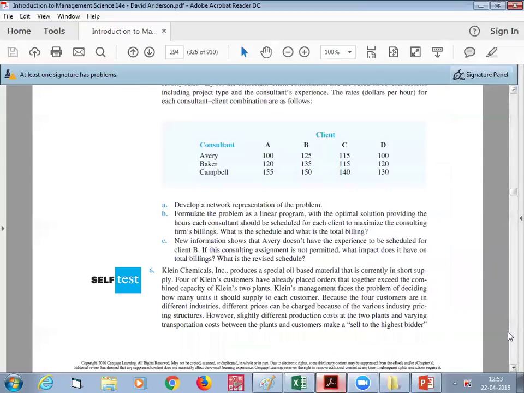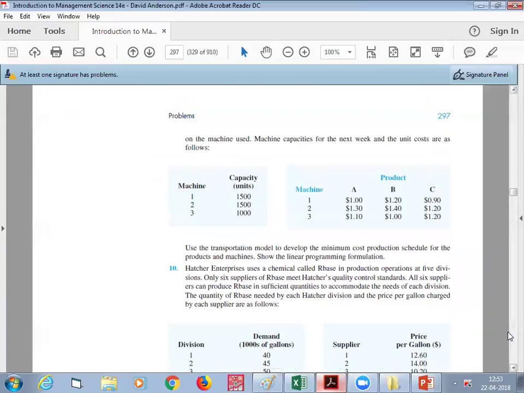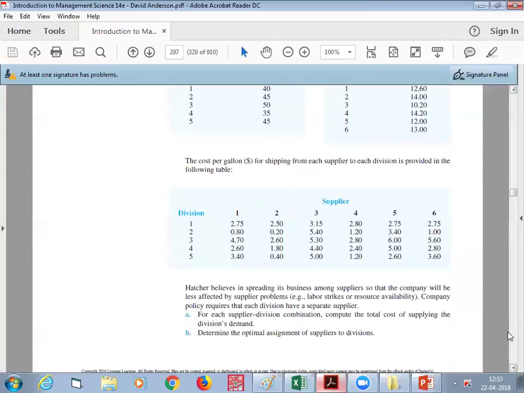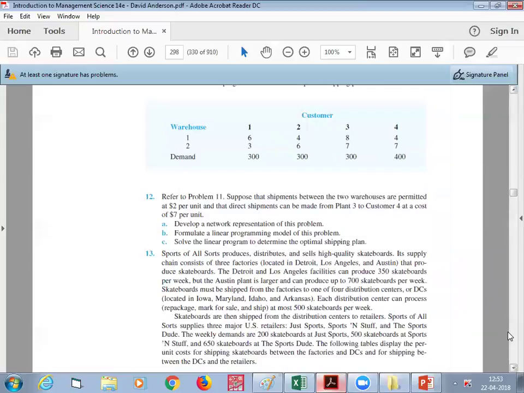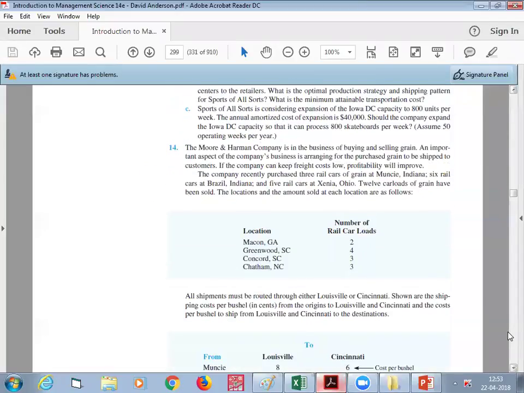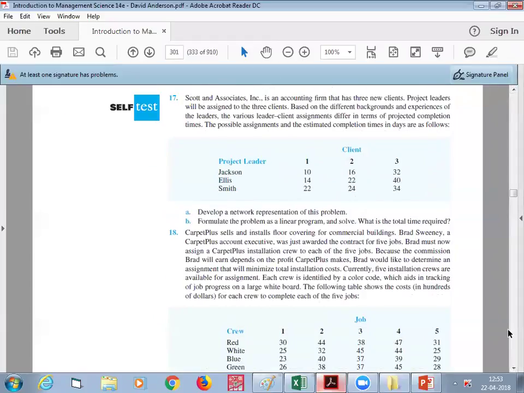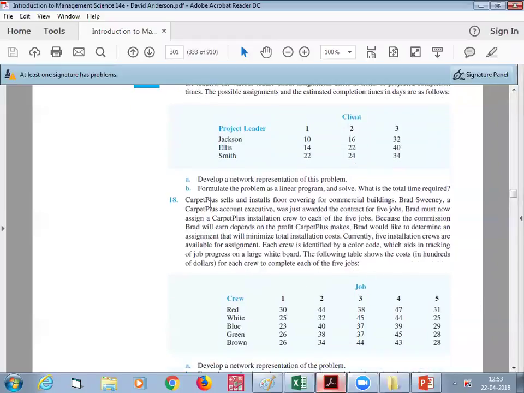Where did the assignment problems go? Cost per gallon. Here they are. Okay, so all right, let's do this one.